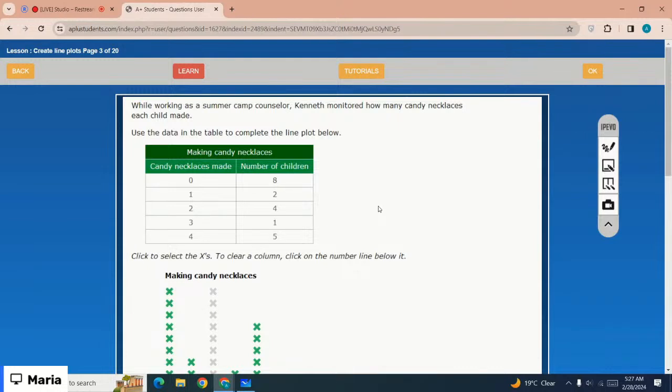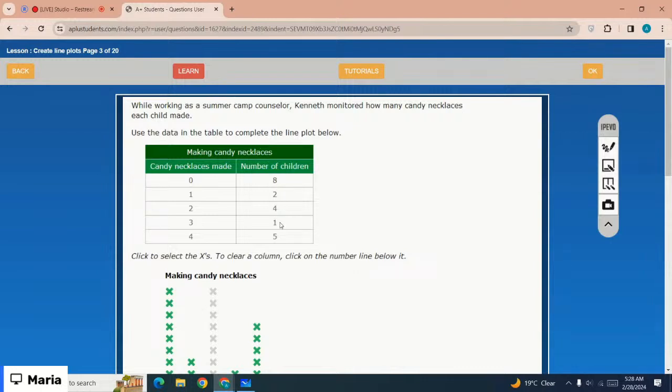While working as a summer camp counselor, Kenneth monitored how many candy necklaces each child made. Use the data in the table to complete the line plot below. Okay, so you are given the table, right? The 0 necklaces can be made by 8 children. The 1 necklace can be made by 2 children. So you need to complete the graph 8, 2, 4, 1, 5, right?